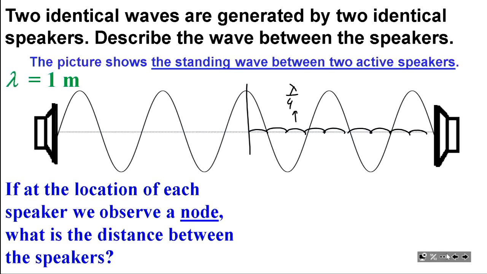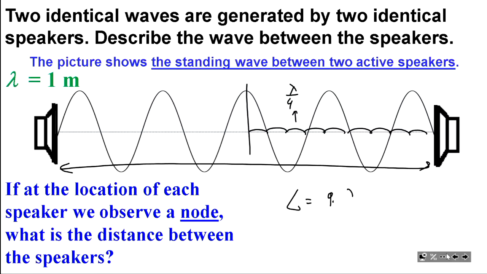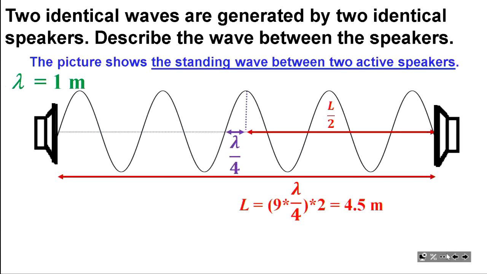So the total distance between these two speakers is pure geometry now, no physics at all. So it has to be equal to 9 quarters times length of 1 quarter, and we have to multiply by 2 because we have 2 halves. And I believe that answer is 4.5. Pure geometry. Visualizing things is important.